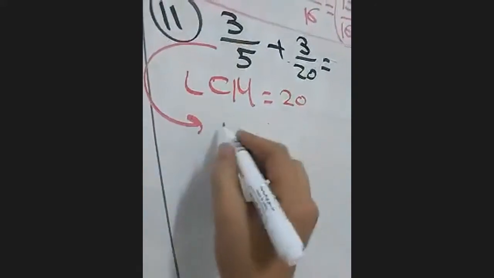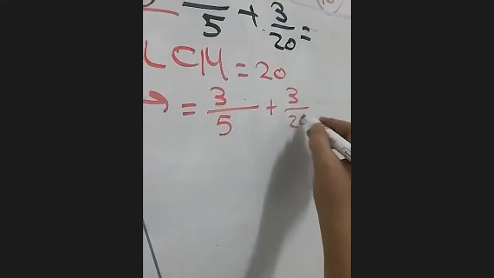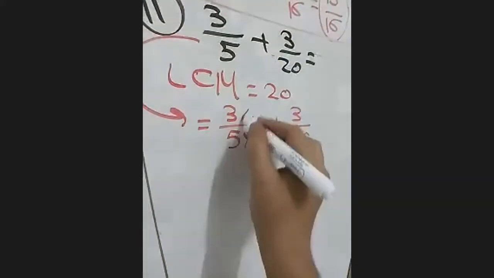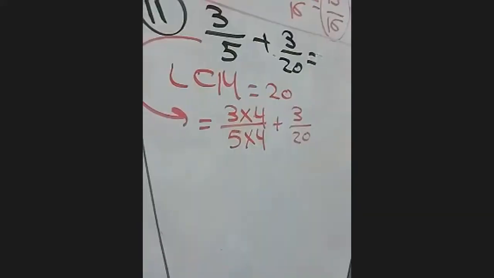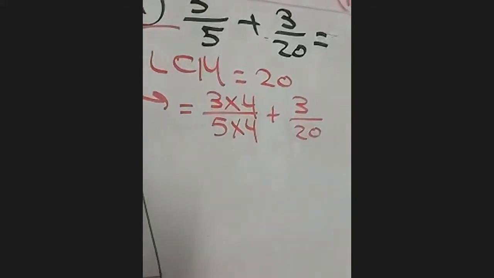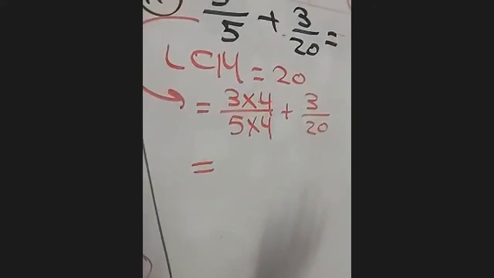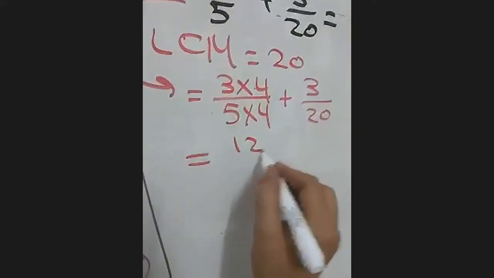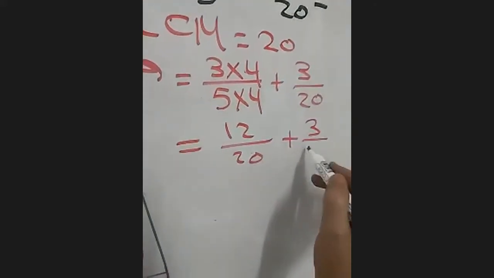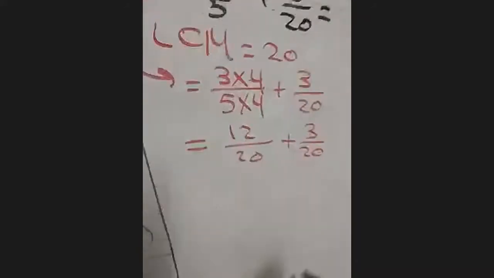Now what will I do for the 3 over 5? We multiply 5 to be 20 by 4. So multiply them also by 4. And the 3 over 20? Multiply by 1, stay the same. No need to multiply by 1. So here it will be 12 over 20 plus 3 over 20, right? Equals what?